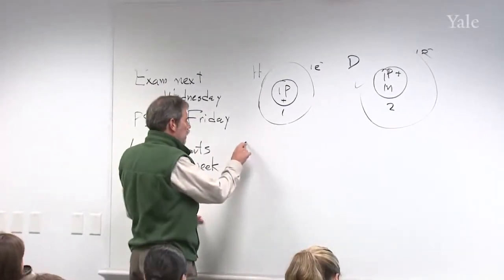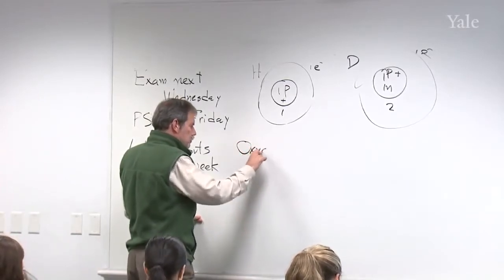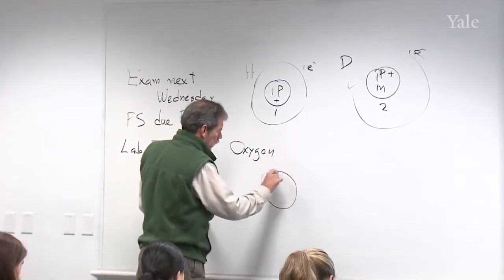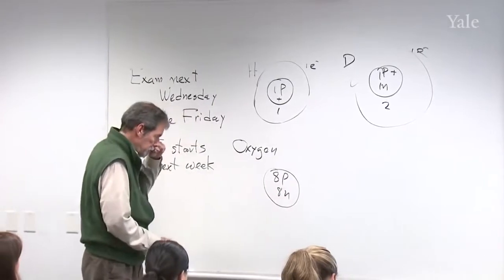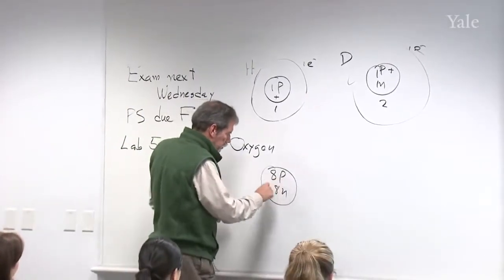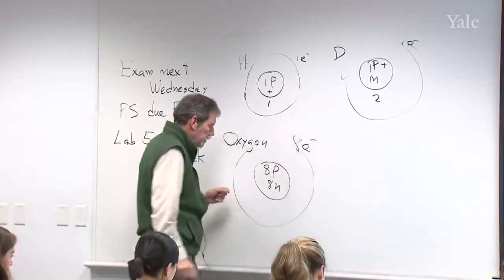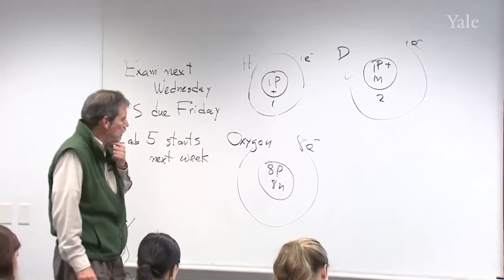The other one I want to think about is oxygen. Oxygen typically has 8 protons and 8 neutrons. Because of 8 protons, it has 8 positive charges. It'll have 8 electrons going around it, and that'll determine its chemical properties.